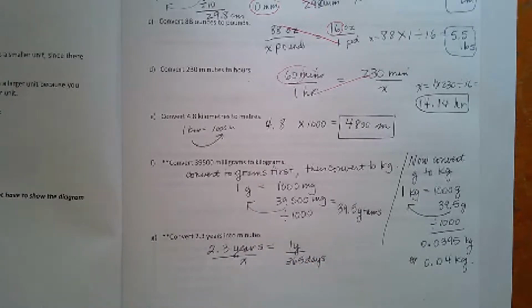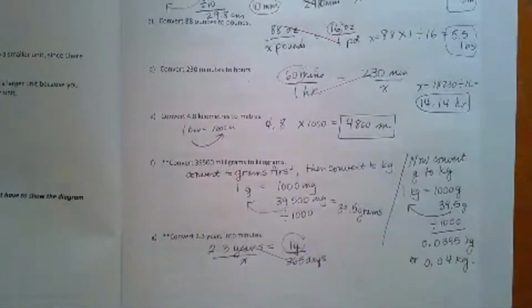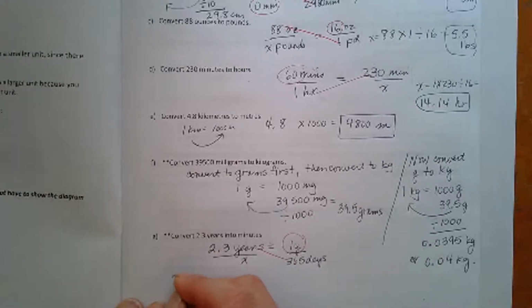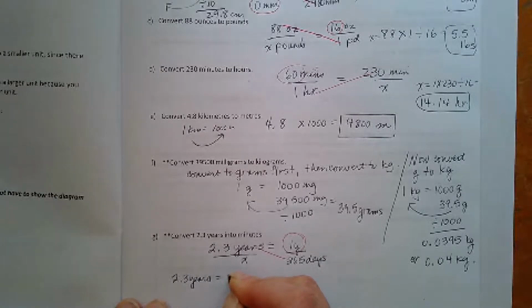So let's figure out how many days 2.3 is. So again, I'm just multiplying and dividing. So 2.3 years equals 839.5 days.